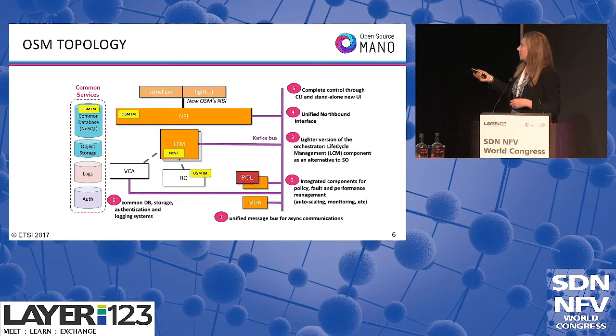We have the lifecycle control module here, or LCM, and in that is our N2VC component that I mentioned previously. All of these components leverage a shared Kafka bus. So this was also new in OSM release 4, and we're going to continue with this in release 5, where all of these elements can leverage the same bus, and that's how they're able to intercommunicate with each other.